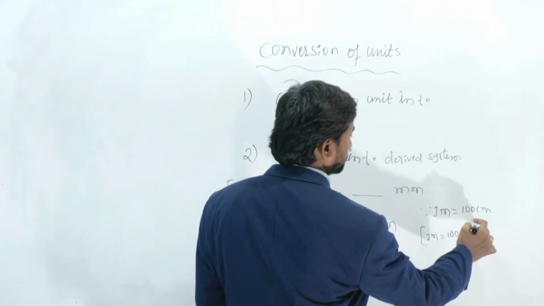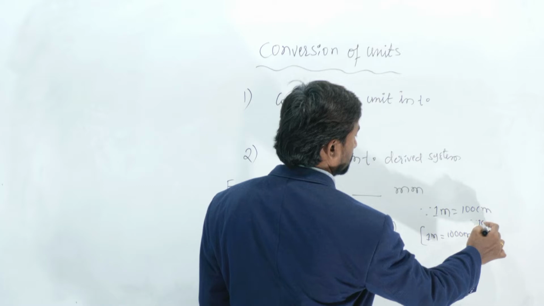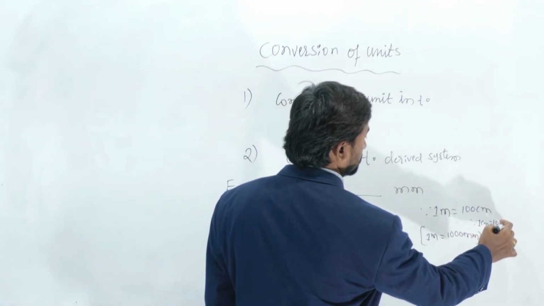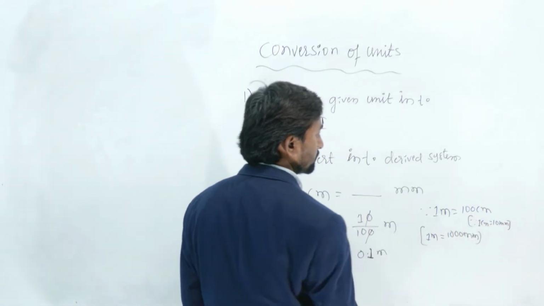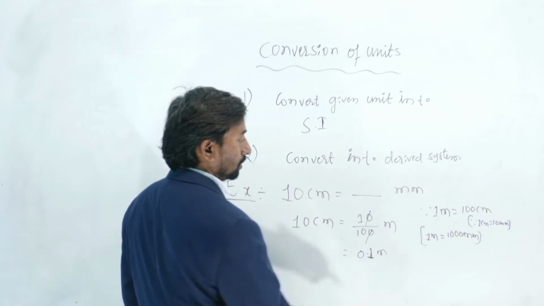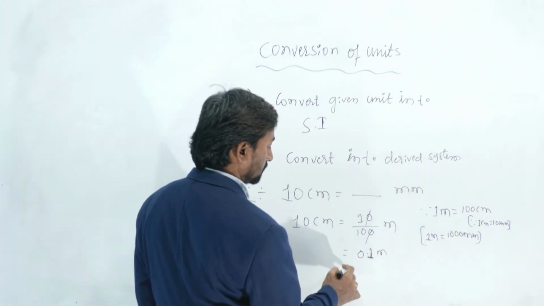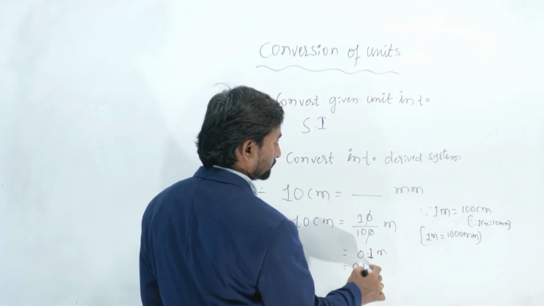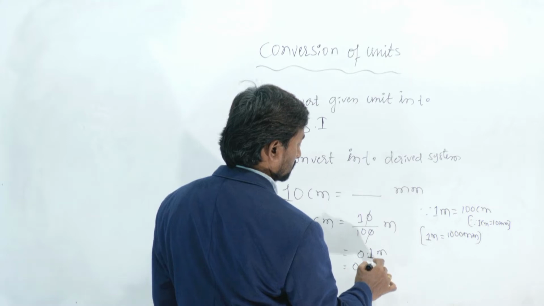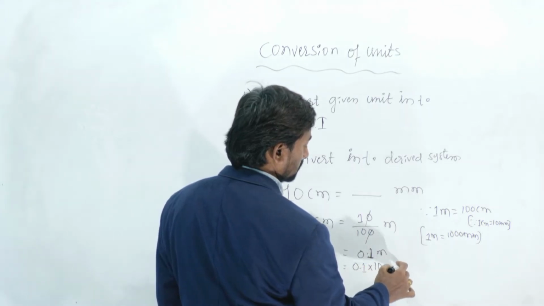Since 1 centimeter is equal to 10 millimeters, we can convert easily. So in place of 1 meter, we can write 0.1 into 1000 millimeters.